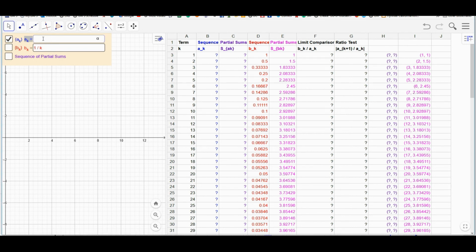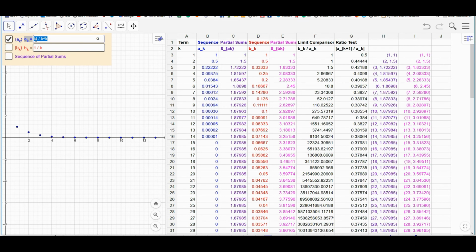I don't need two sequences here because I'm not comparing them, but I can do k factorial over k to the k power. Yeah, there it is.